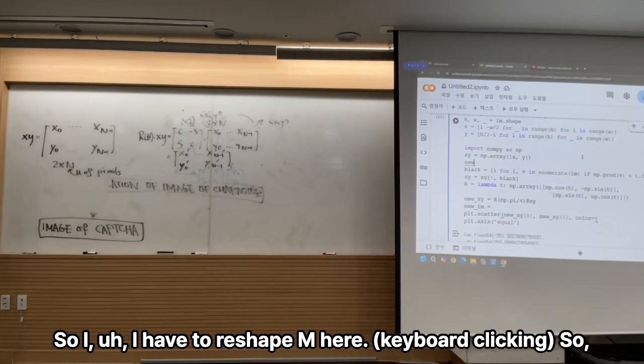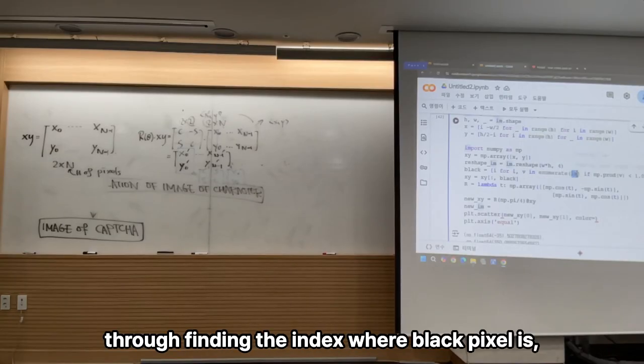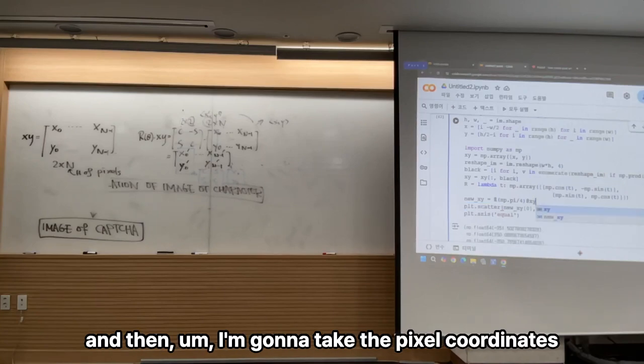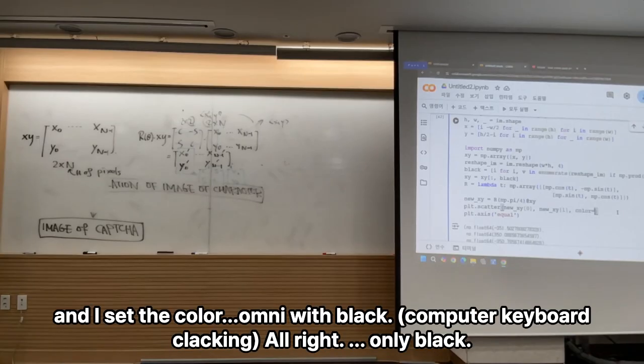So sorry. So I have to reshape im here. So after reshape, I go through finding the index where the black pixel is, and then I only take the pixel coordinates where the black color is, and I set the color only with black. All right, only black.